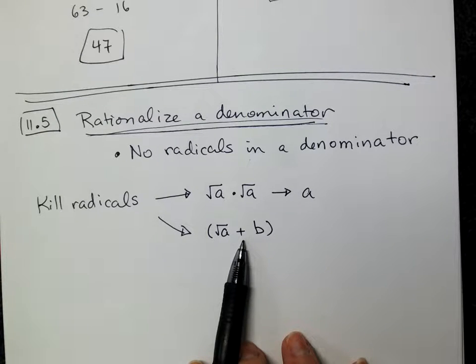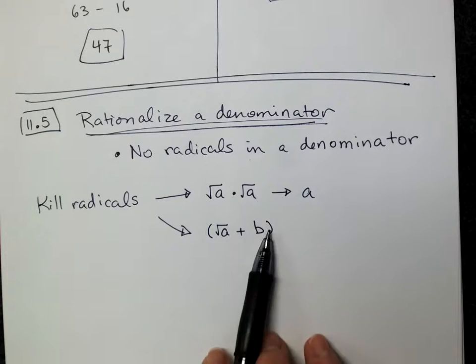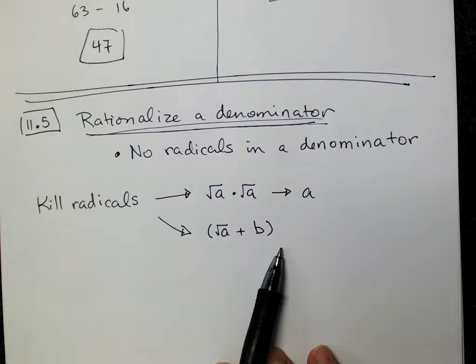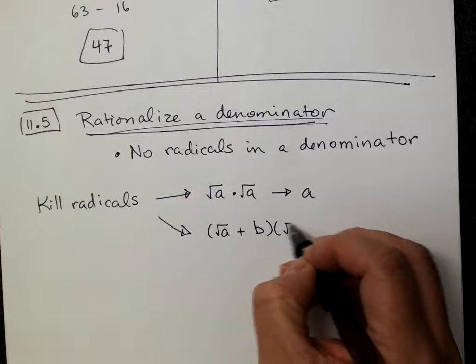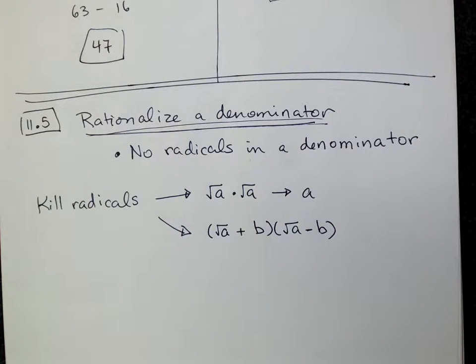We want to square it, right? But not if we square the whole thing. Remember, a binomial squared has a middle term that still has a radical. Conjugate, right. We multiply it times something, not times itself, because then you'll still have a middle term that has a radical. Defeats our purpose. But if we multiply it by its conjugate, conjugates kill radicals.